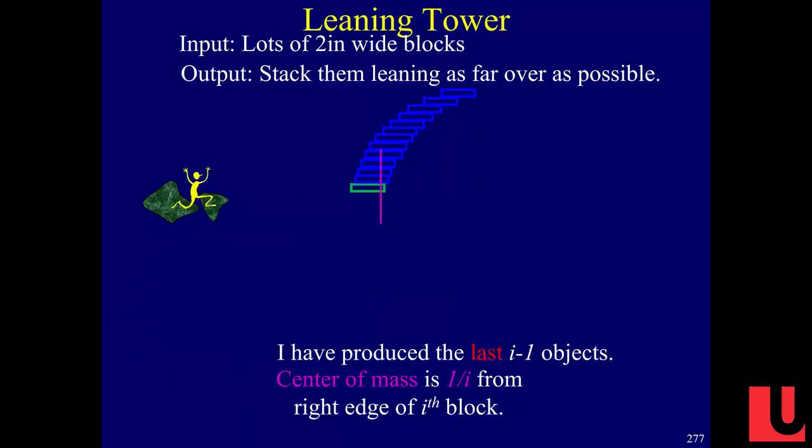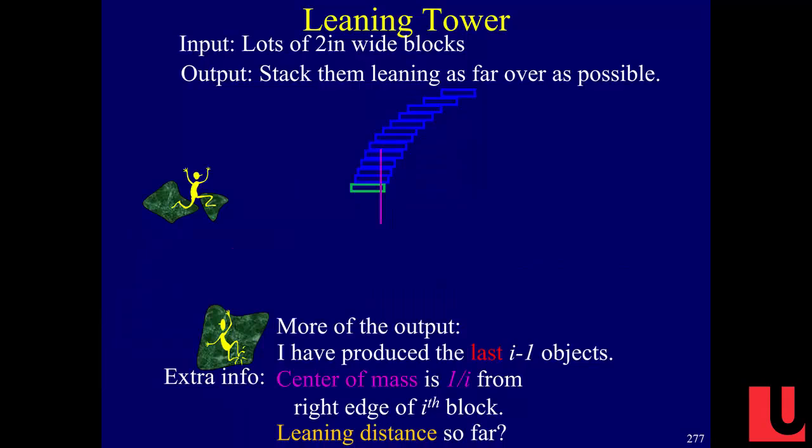So now, let's keep going. Where do we put our new block? We want to calculate the shifted distance. Where do we put our new block, our I plus first block? We shift it by an extra 1 over I. So now we can go back and calculate what our total shifts are.